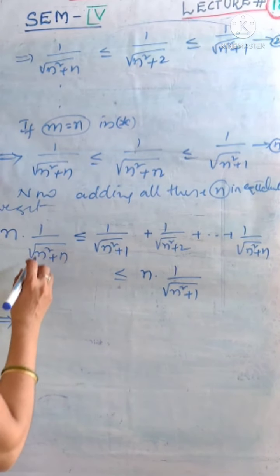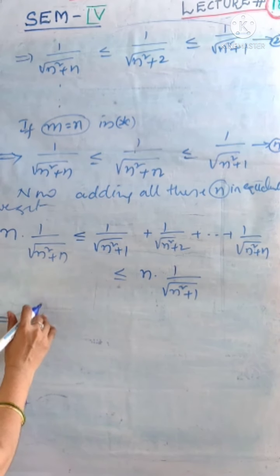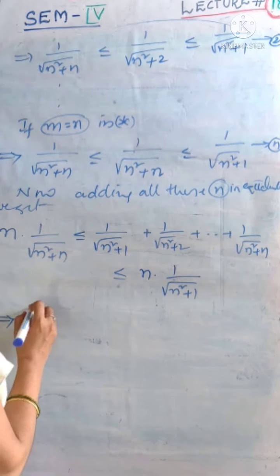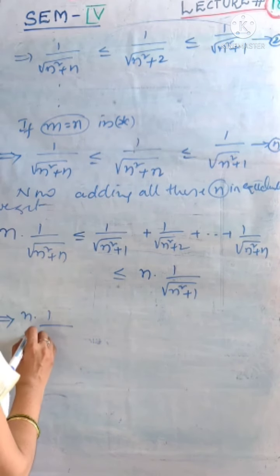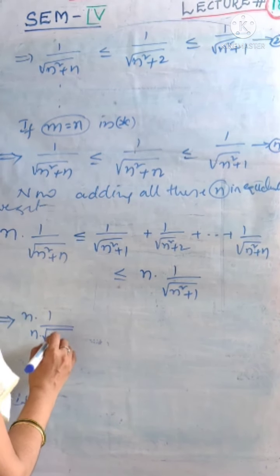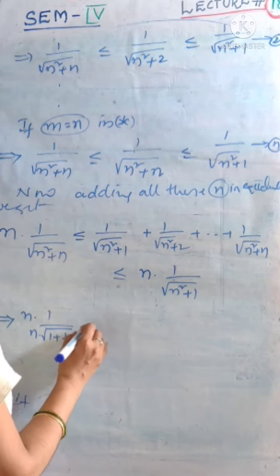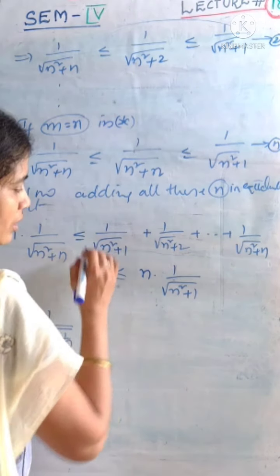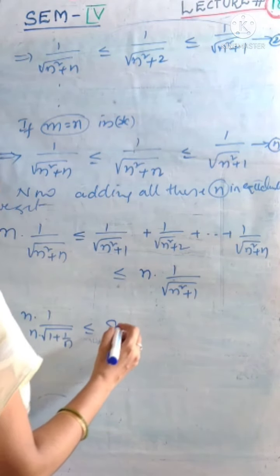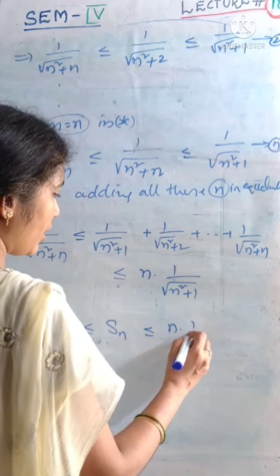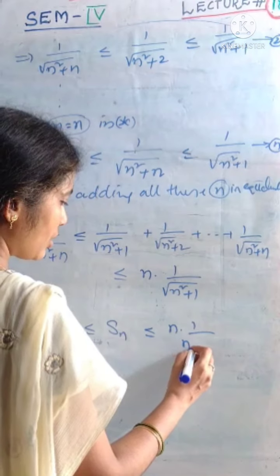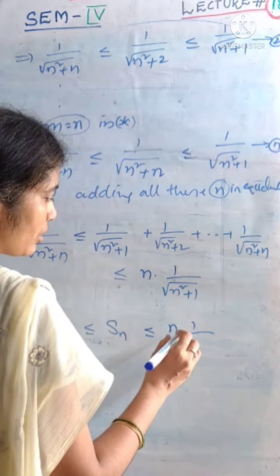Let us simplify by combining the highest power term in the root. n into 1 by n, square root gets cancelled, so we obtain 1 by square root of 1 plus 1 by n is now less than or equal to, what is this value? It is nothing but our Sn is less than or equal to, here also let us take common the highest power term in the denominator, that is n square, taking outside of the square root.